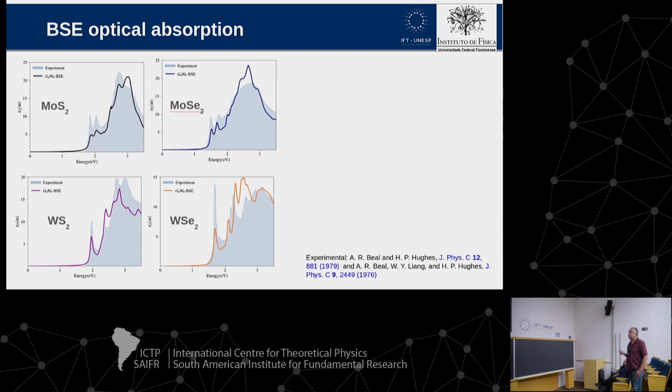And here we compare our Bethe-Salpeter optical absorption. So here we already include the excitons, and we compare with the experimental absorption. So we see that these exciton peaks that the experimentalists see in their results, we can reproduce with very good accuracy.